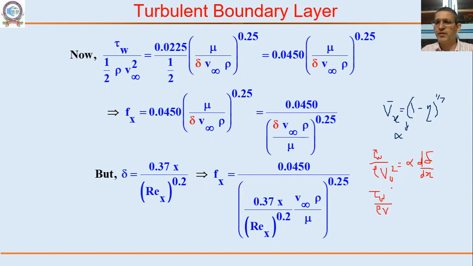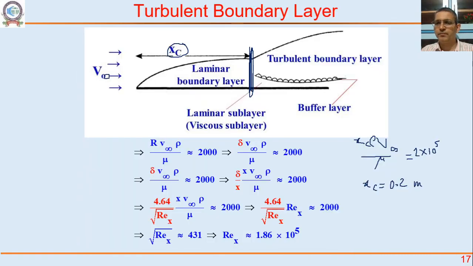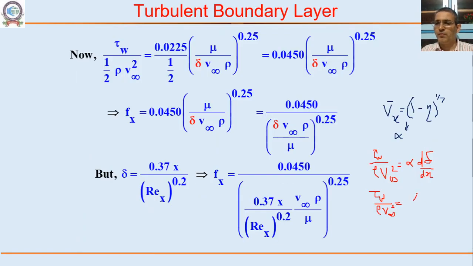In this case, rho v infinity square, I'm just using a different symbol. What was the expression? Mu by rho v naught delta beta. Mu by rho v naught is now v infinity actually, delta and beta, right?